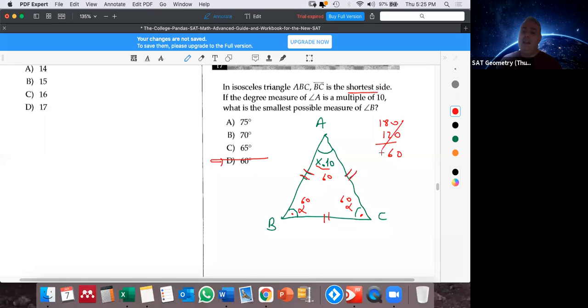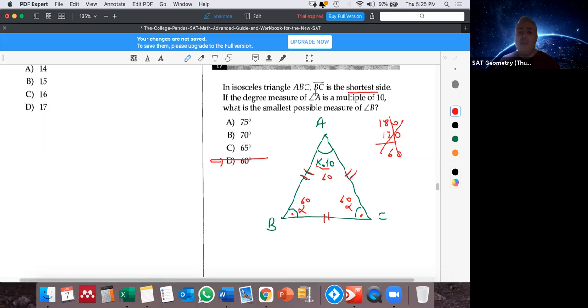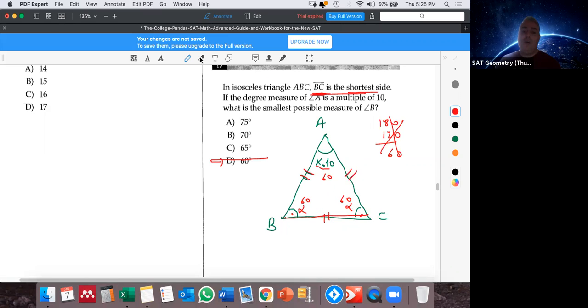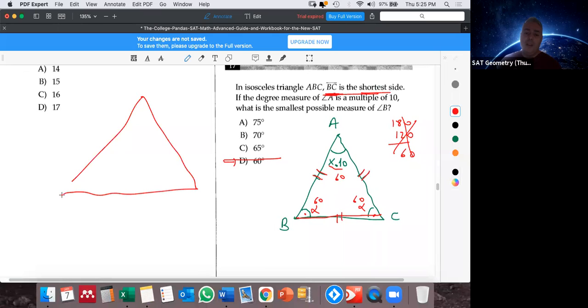Sir, which one should be the shortest side? It says here, look, BC. Okay, sir. Thank you. Let me draw again here. So this is the shortest one, so the other two are equal to each other.